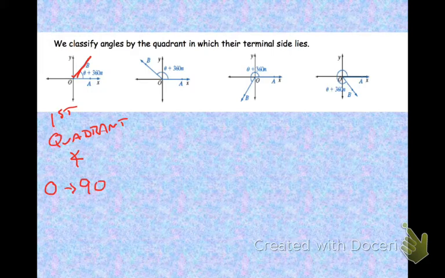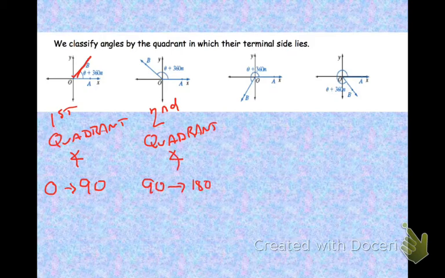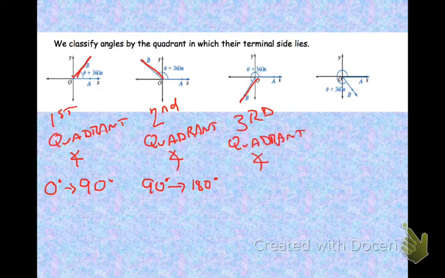The second one is a second quadrant angle, and that's anywhere between 90 and 180 degrees. Sorry, I should put degree signs on those first ones. The third here is a third quadrant angle, and you can probably figure out that's anywhere between 180 degrees and 270 degrees.